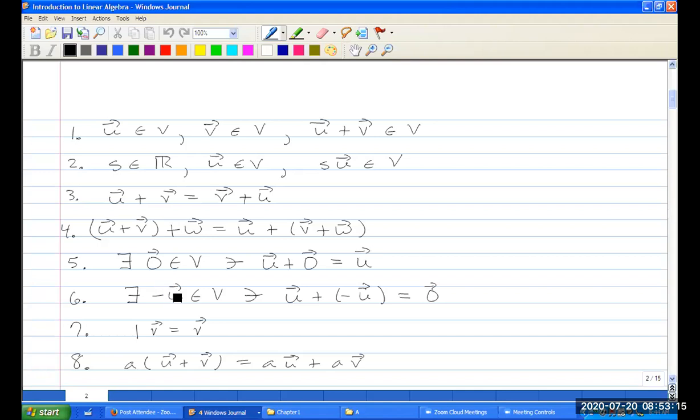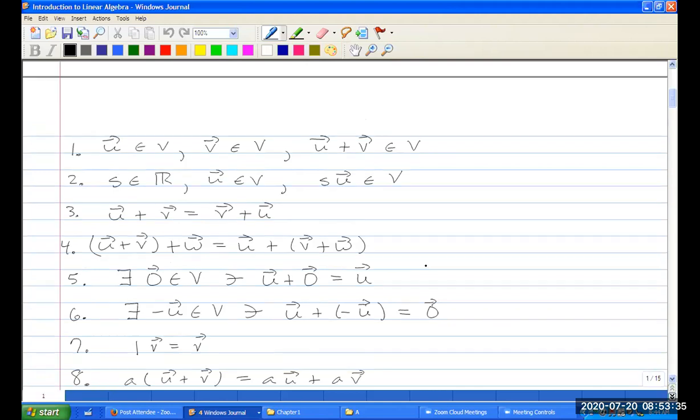There exists a vector negative u such that u plus negative u is the 0 vector. It is the vector in the opposite direction.